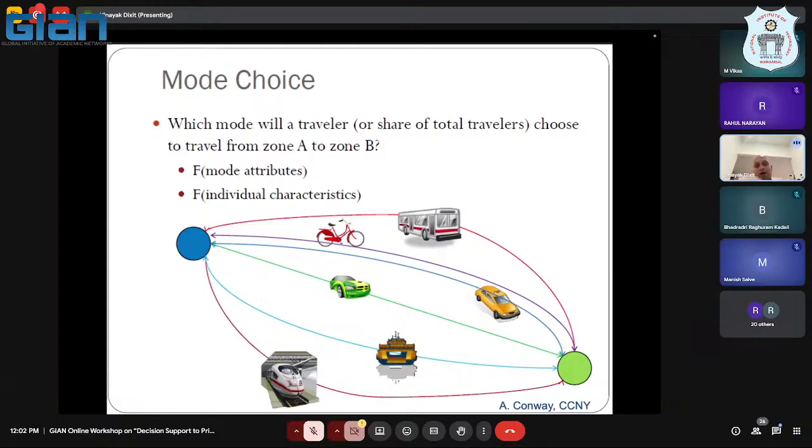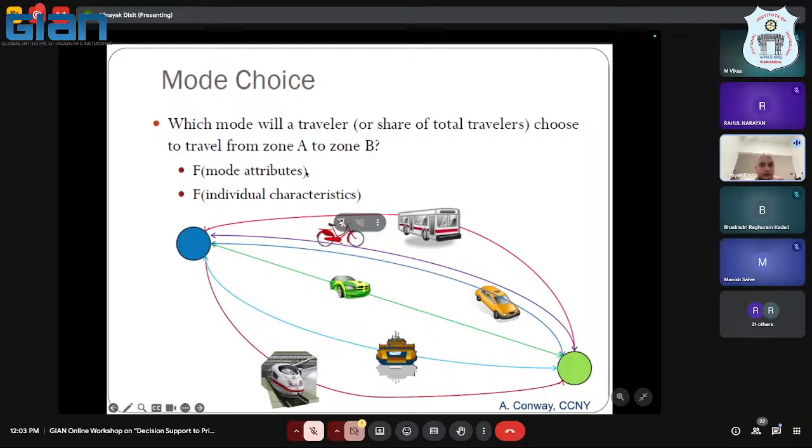That's a side story, but getting back to the fundamentals, the question we are asking is, given a whole bunch of options, what will an individual choose? I can choose a rail, a ship, a car, a taxi, a cycle, a bus. How do we choose? And what would be a systematic model for that?